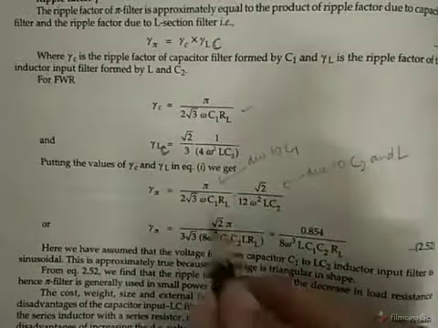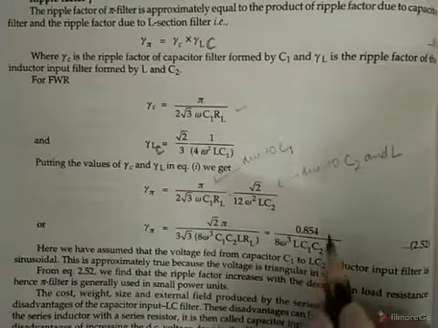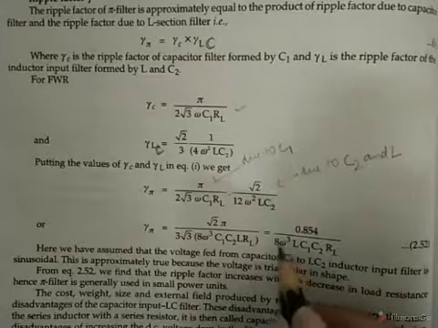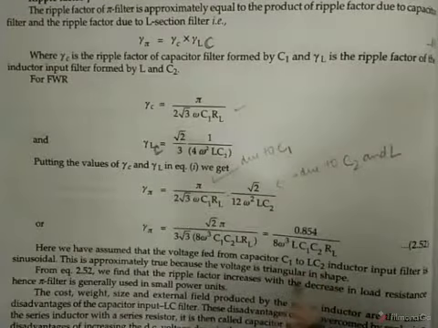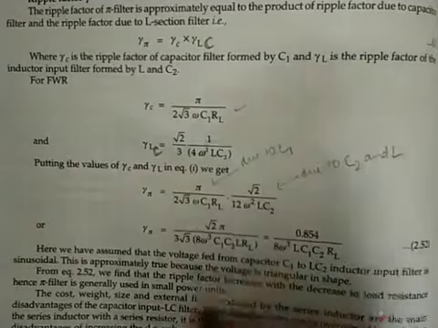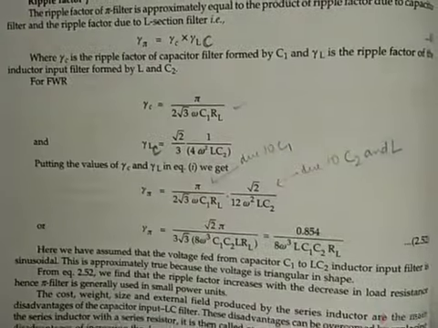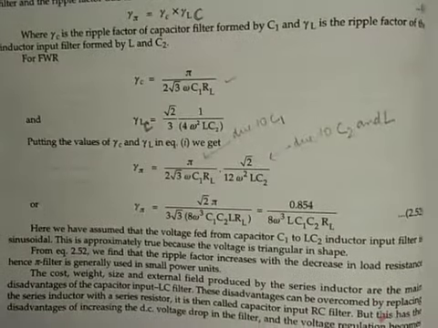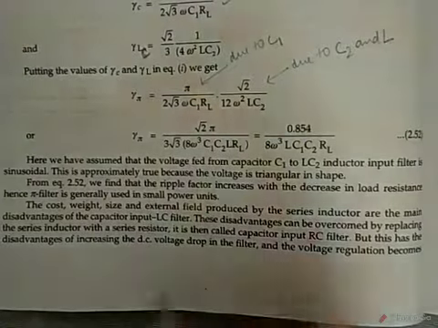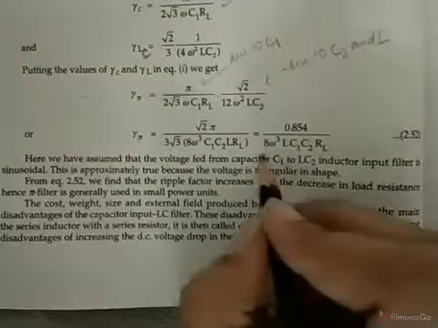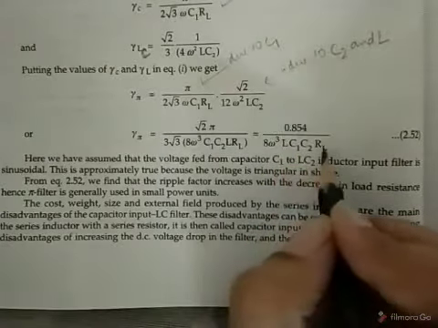Multiplying those, we can see that in the denominator there are a lot of terms. We have L, C1, C2 and RL. In this way, the ripple factor reduces to a large extent. In the pi section filter, gamma is equal to 0.854 by 8 omega square L C1 C2 RL.